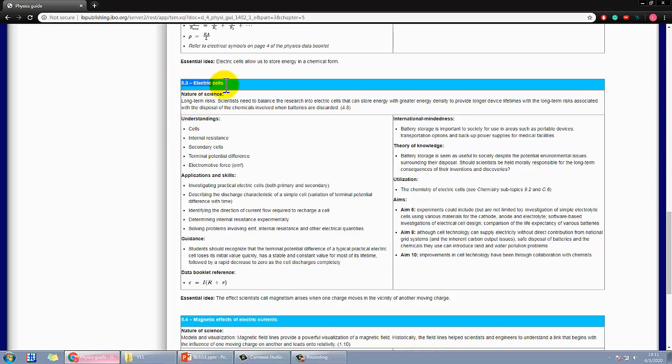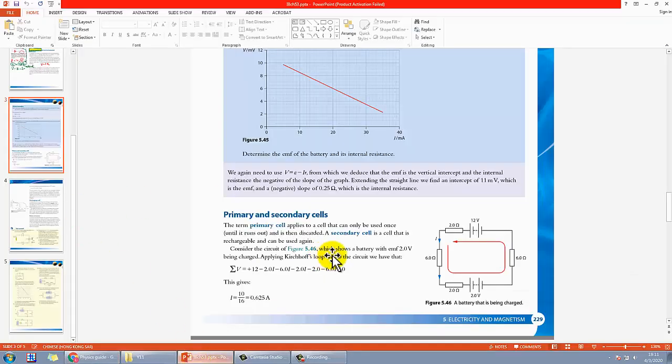This is 5.3, and we talk about cells and internal resistance. Secondary cells is something we will talk about later on. I don't know why it's called a secondary cell, but it's basically a kind of battery that can be recharged and used again.